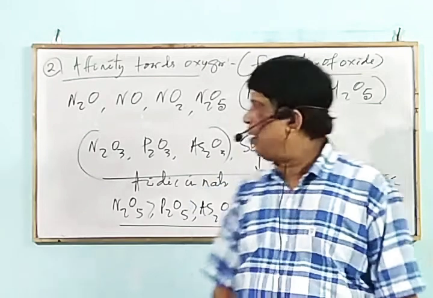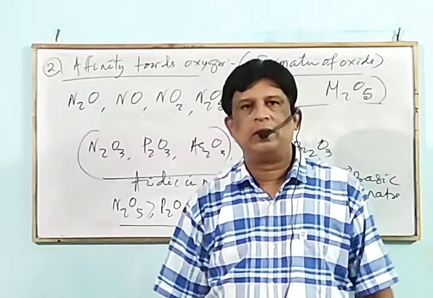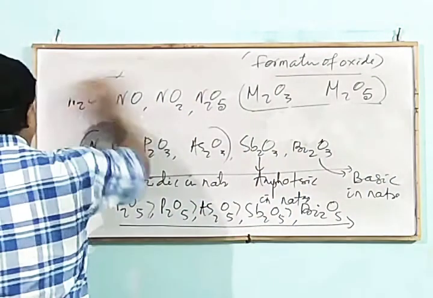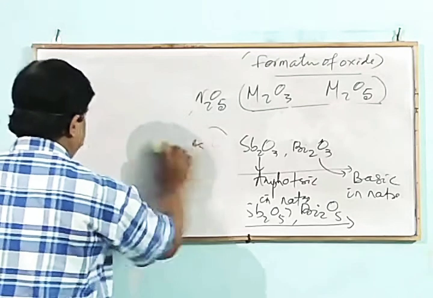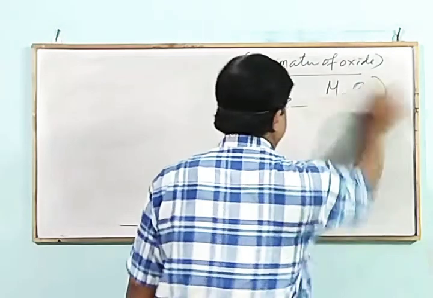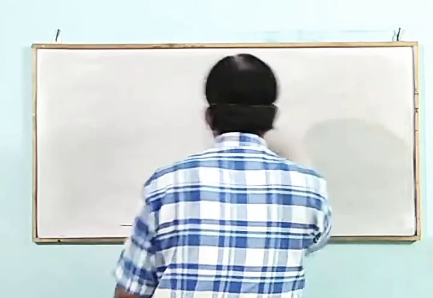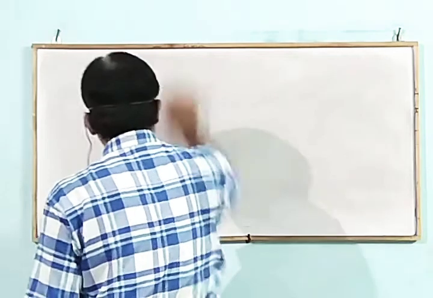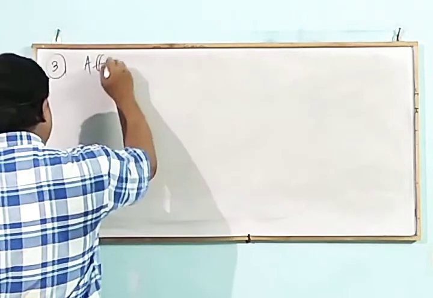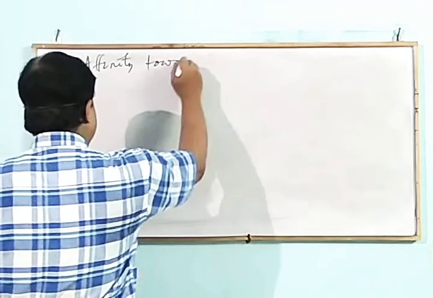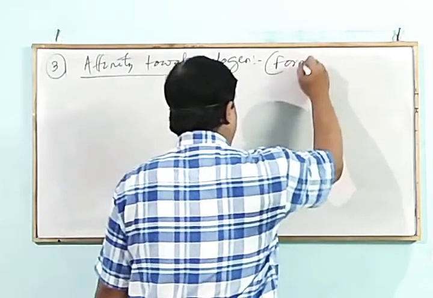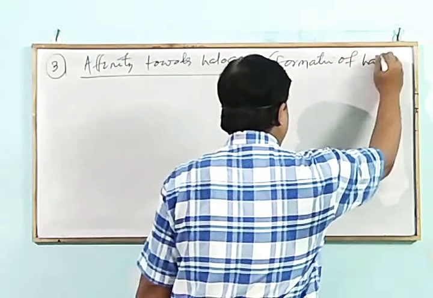Next we discuss the third chemical property, that is affinity towards halogen, means formation of halides.